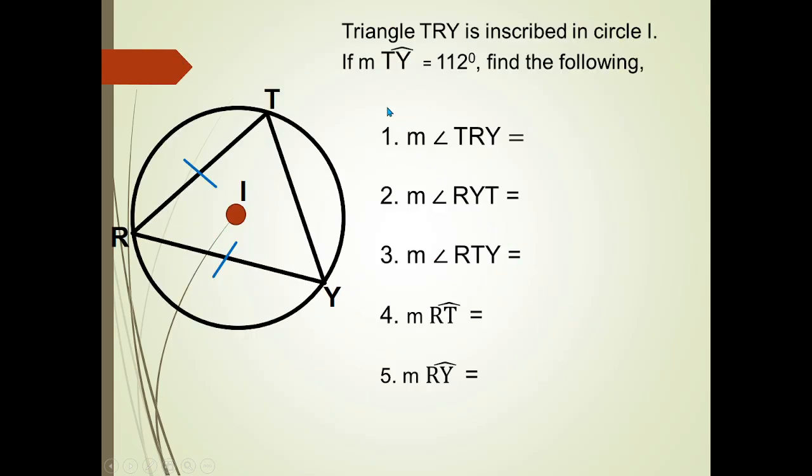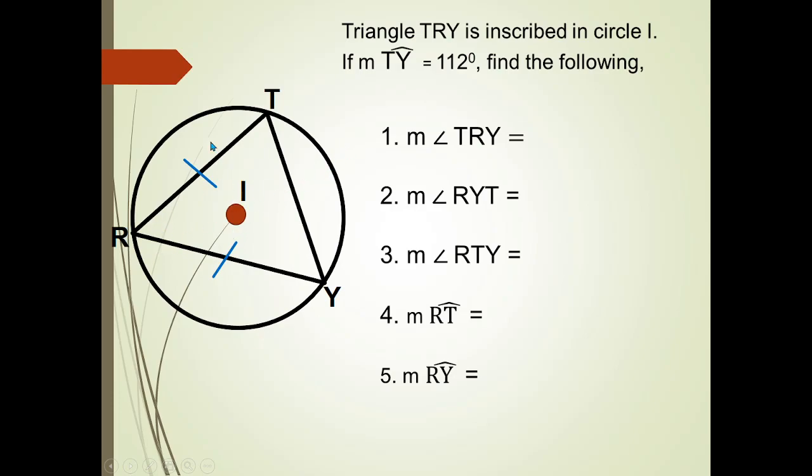And one more example. Triangle TRY is inscribed in circle I. If the measure of arc TY is 112 degrees, find the following. This triangle inscribed in circle I is an isosceles triangle based on the markings represented here, meaning these two sides are equal.